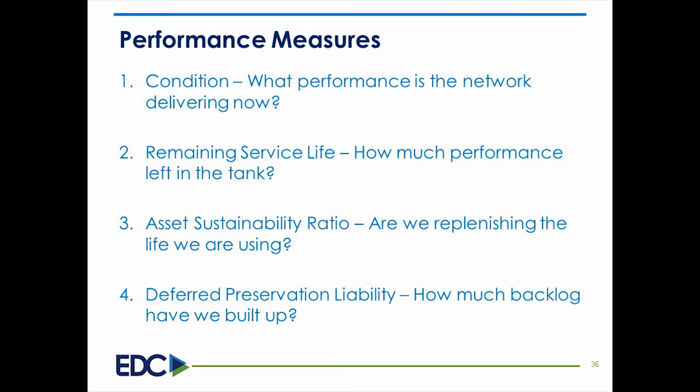It looks at how we are replenishing our system. Every year we're going to use up some of the life of the system. Are we replenishing at the same rate? It's kind of like if you've got 10 houses and you have to paint them all in 10 years, then on average you're going to have to repaint one house a year.